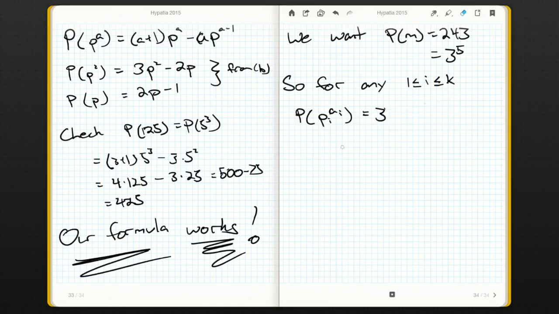And that tells us that each of these is going to be 3 to some power. Let's give that power a name. I guess we're up to d. And that's definitely going to be between 0 and 5. Okay. So where can we go from here? Well, we can ask ourselves, when do we get powers of 3?